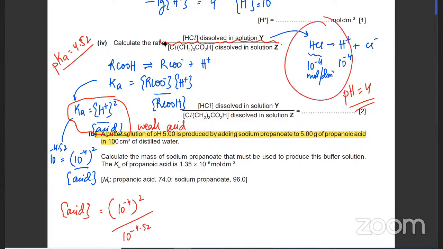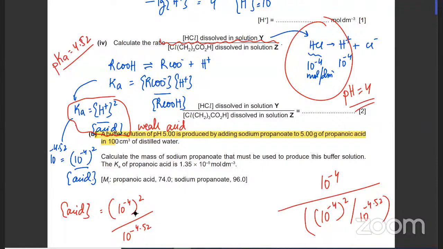The HCl concentration is 10 raised to the minus 4, and you're going to divide it by the other acid concentration, which is this one, 10 raised to the minus 4 squared divided by 10 raised to the minus 4.52. So you're going to divide both.